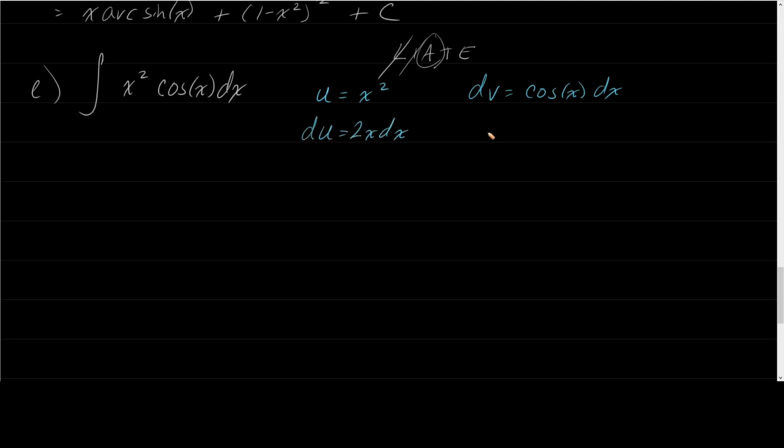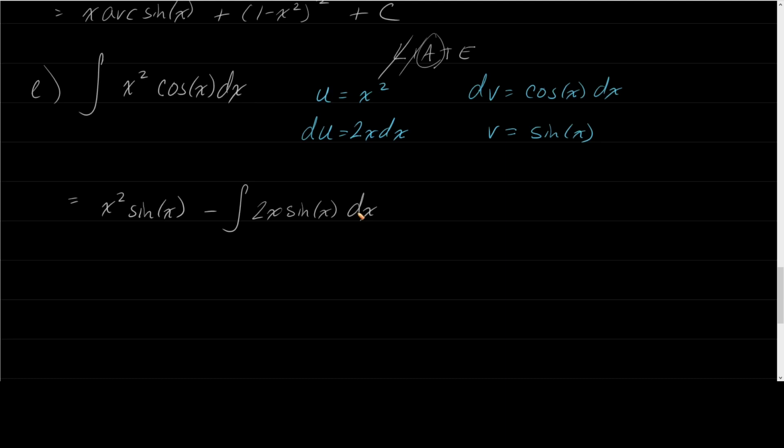And if dv is equal to cosine, well, the integral of cosine is sine. So now this integral becomes uv, so x squared times sine x, minus the integral of v du. I'll write that as 2x sine x dx.